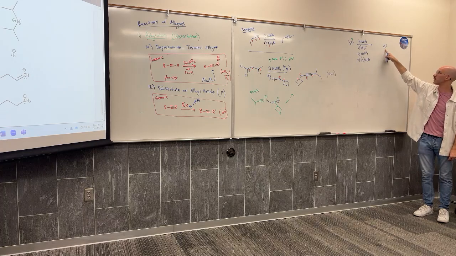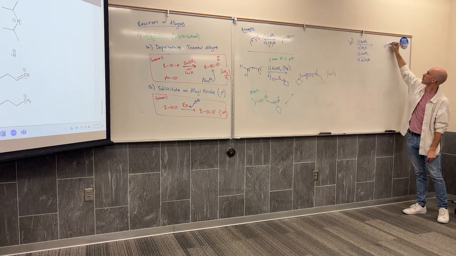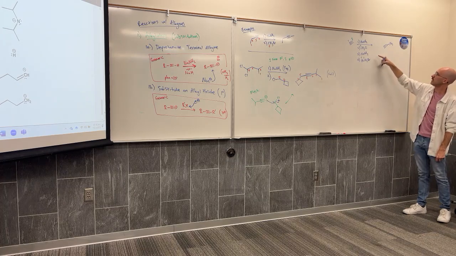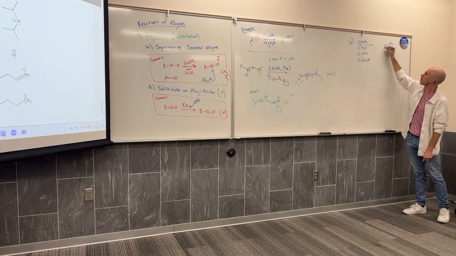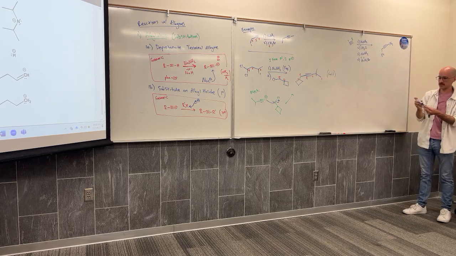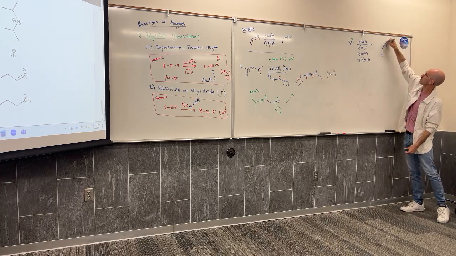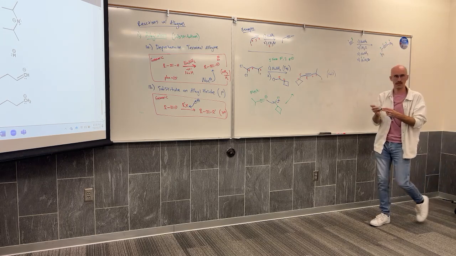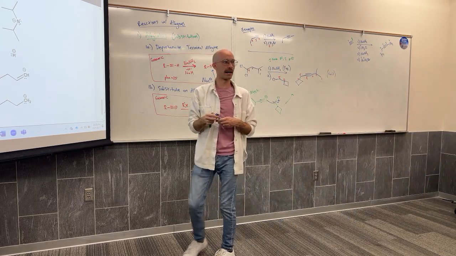Here's my triple bond. Let's say that carbon 2 bonds to carbon 3, and let's say that carbon 1 bonds to carbon 4, which has the aromatic ring attached as well. I have dialkylated my alkyne.